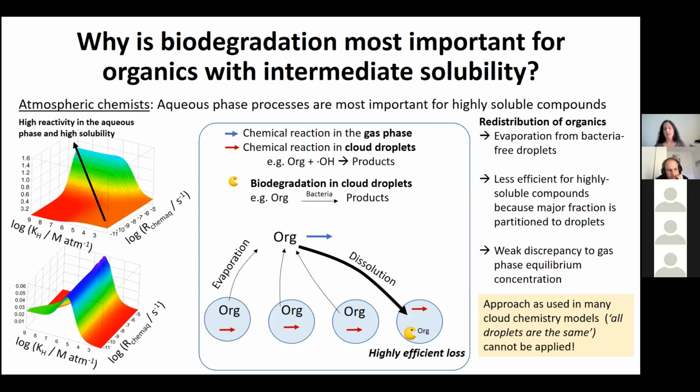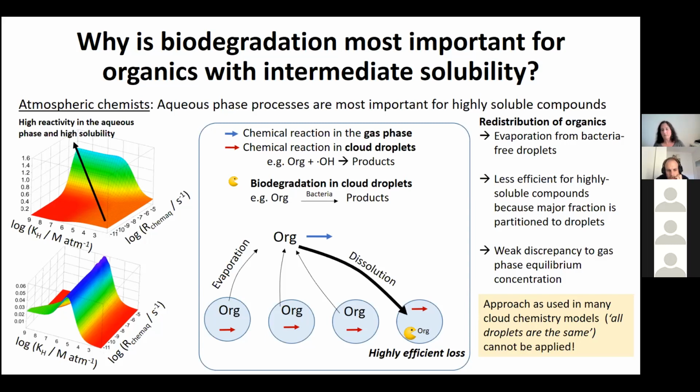The loss in this one special droplet with the bacteria is so efficient that a lot of the organics are taken up from the gas phase, and then the gas phase gets depleted, so the concentration of the organics becomes very small. Then from the other droplets, we start evaporating these organic compounds.